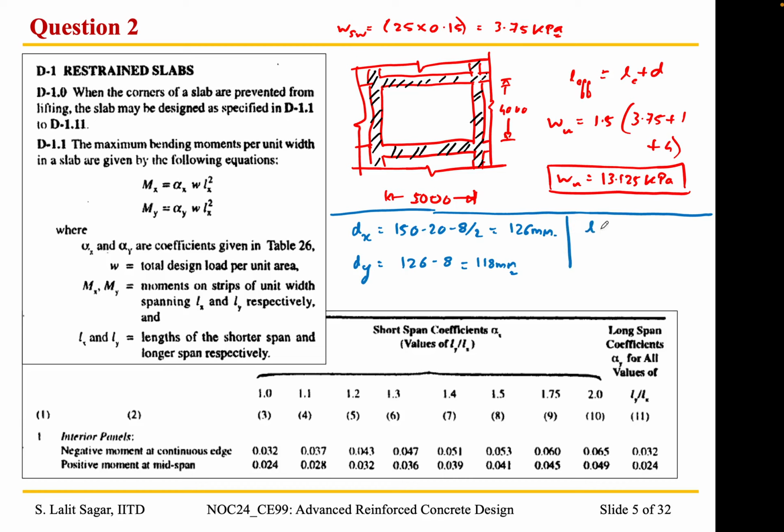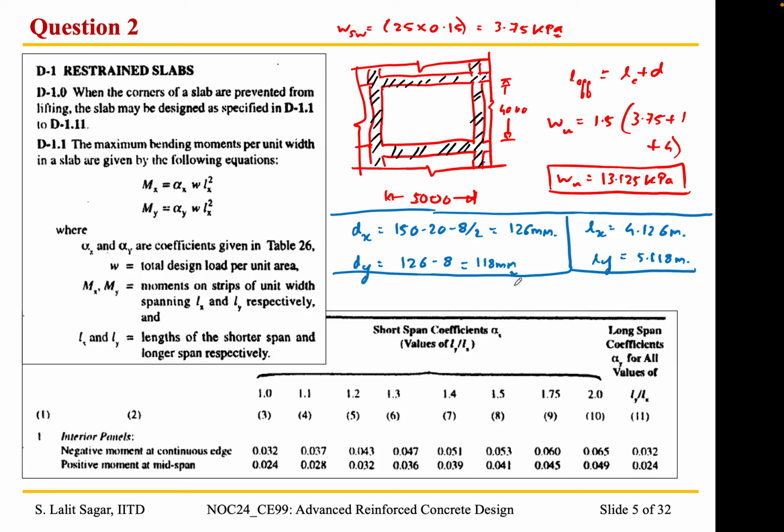Correspondingly, Lx is equal to the clear span plus the d value, that would be 4.126 meter, and Ly is equal to 5.118 meter. These values of the effective span are less than the center to center distance between the supports. So these will be the effective span considered for the calculations.